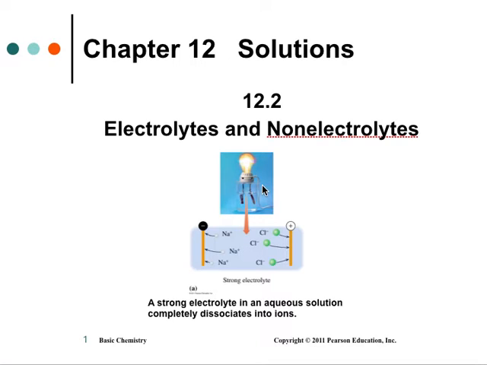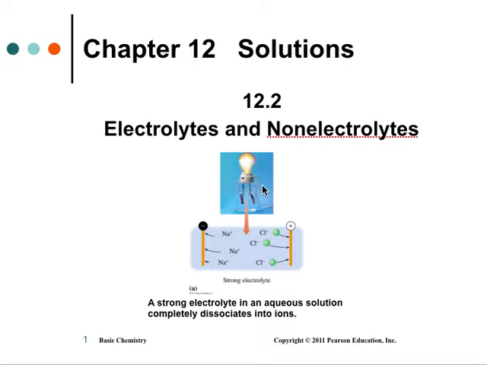So if you have a substance that you dissolve into something else and it breaks apart into charged particles, then you're going to get something that can cause an electric current, and you'll have an electrolyte. If you have something dissolved in something else that does not break down into charged particles, then you cannot have electricity in that sense of moving charges within some kind of a conductor, say in this case water.